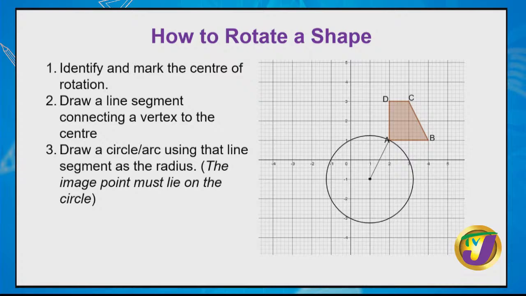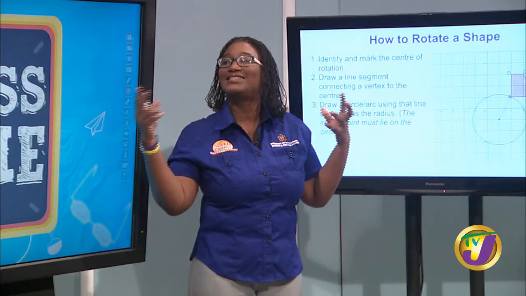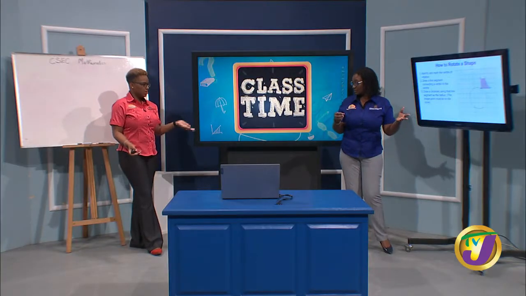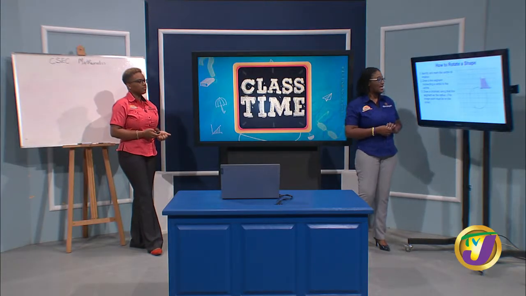For example, our object or pre-image is ABCD. So when we have rotated ABCD, we would get A prime, B prime, C prime, D prime. It's pretty much just being able to identify which is our object or pre-image and which is the image.